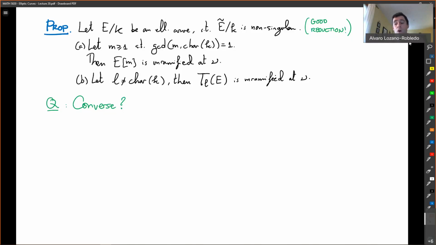So is there a converse to this statement? This statement says that if it's good reduction, then we have unramifiedness. Is there a converse, that if it is unramified, then it is good reduction? It turns out there is.